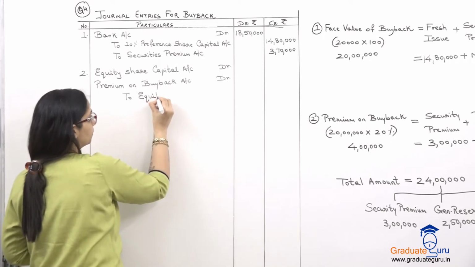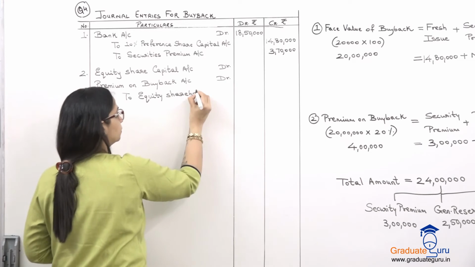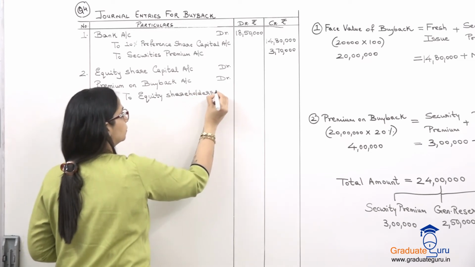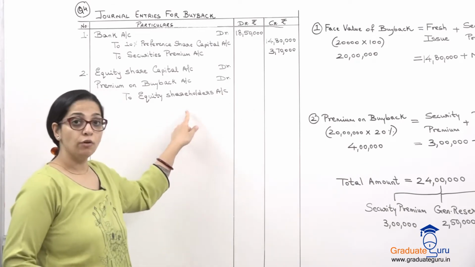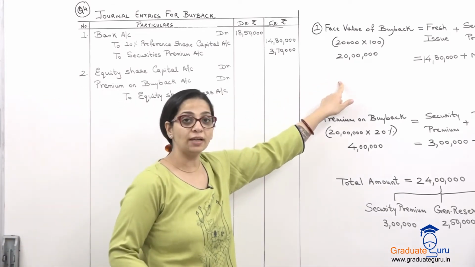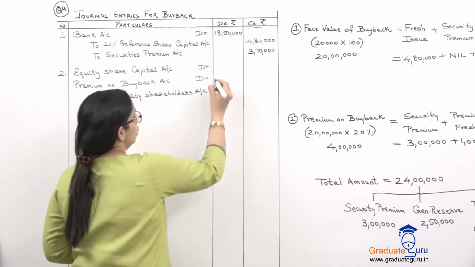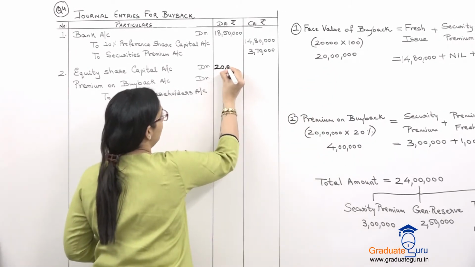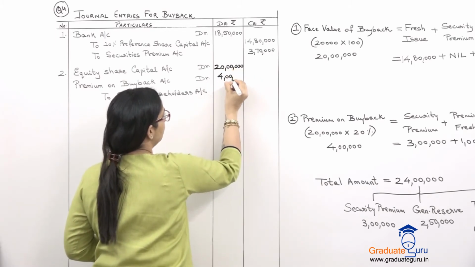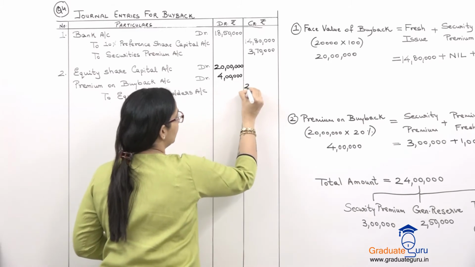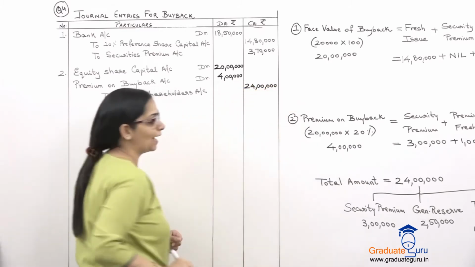So to equity shareholders account. Let's write down our amounts from the equations that we made. So 20 lakh and 4 lakh. So 20 lakh is for capital. 4 lakh is premium. Total that I have to pay is 24 lakhs.